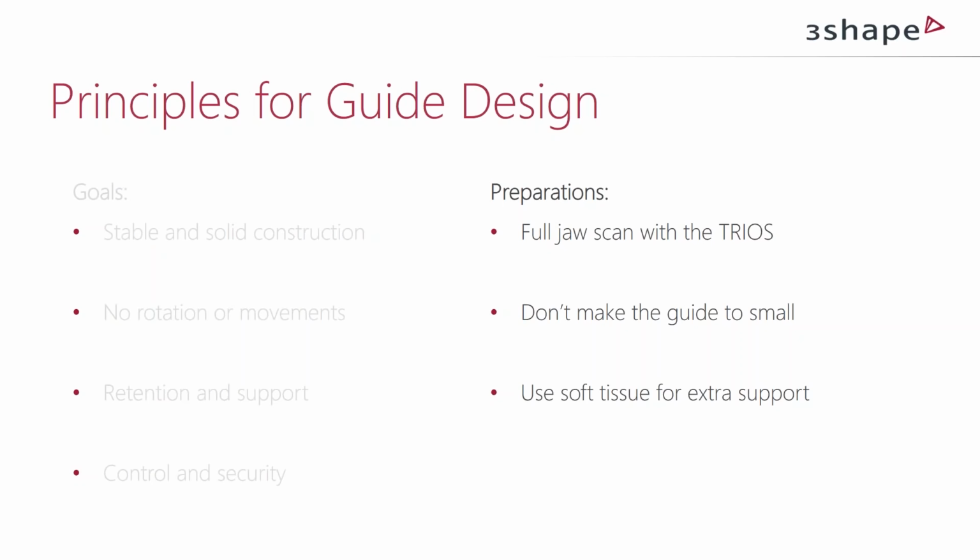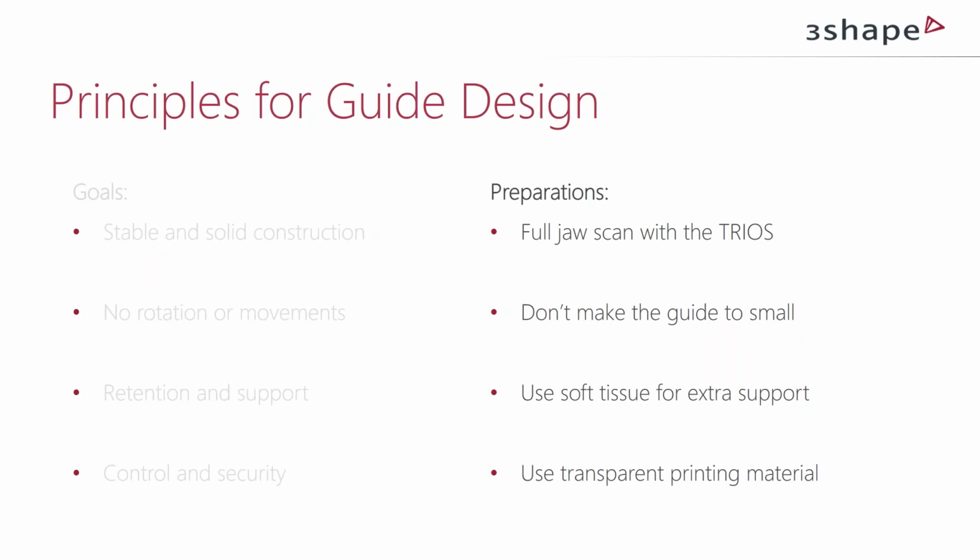Again, if we just scan the teeth and then the doctor trims away everything, just showing the teeth, which would be perfect for a crown or a small bridge, but for a surgical guide, we actually need to see the tissue surrounding the area, both for seeing how the tissue is behaving, if we are doing flapless or with flap surgery, how the roots are located underneath the tissue, and also, as I told you, to be able to place and load the guide onto the tissue.